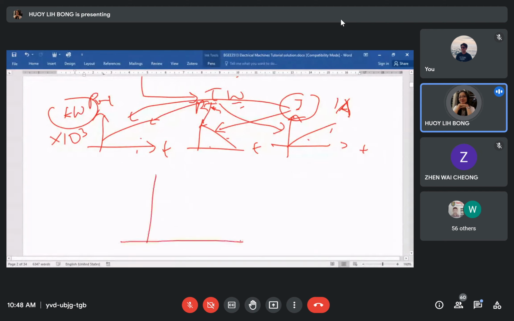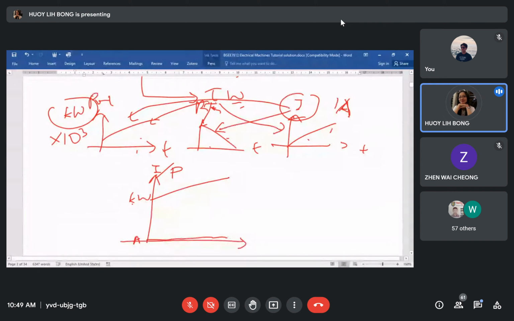I want to plot current and power together. Let's say this is my power, and then my current is so small on the bottom here. This is kilowatt, this is in amp. I don't know even if this line is going up or going down. Cannot see anything because this range is too big.